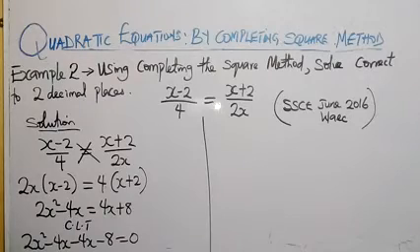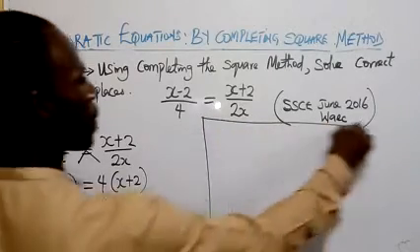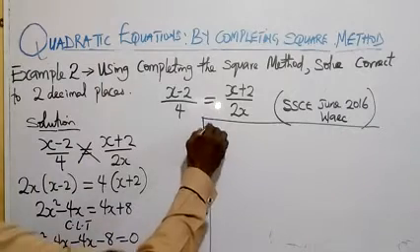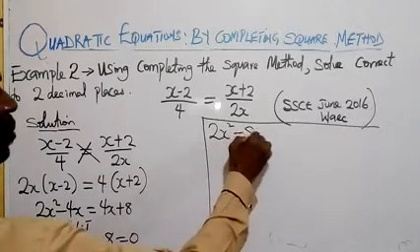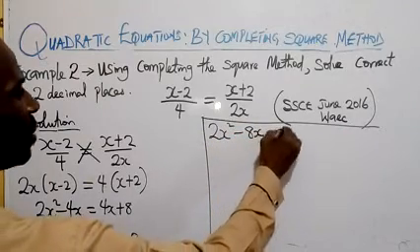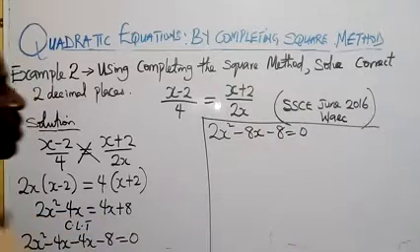At this point we have 2x squared minus 4x minus 4x, which is minus 8x. Minus 8x minus 8 equals 0.